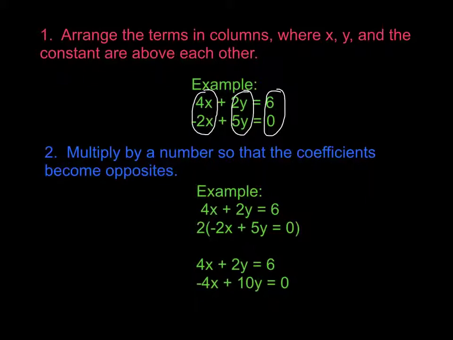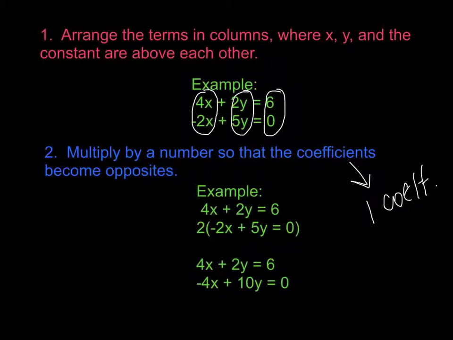Step 2 says multiply by a number so that the coefficients become opposites. Okay, you're just picking one coefficient, and you're just multiplying by 1 or 2 numbers to get that coefficient the same.